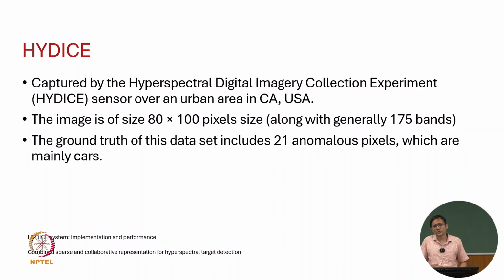However, most research works consider it as a 175 bands image. The ground truth of this dataset includes 21 anomalous pixels, which are mainly cars.